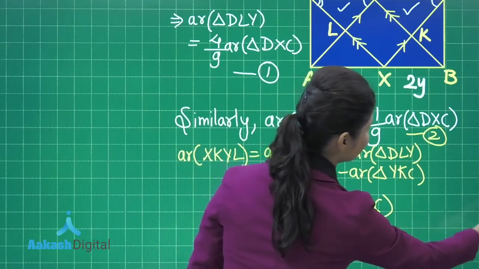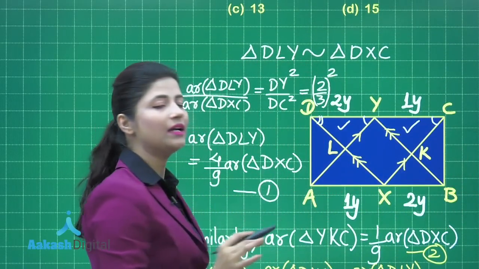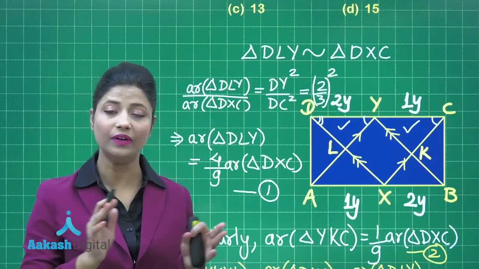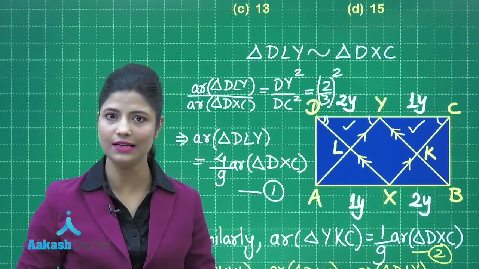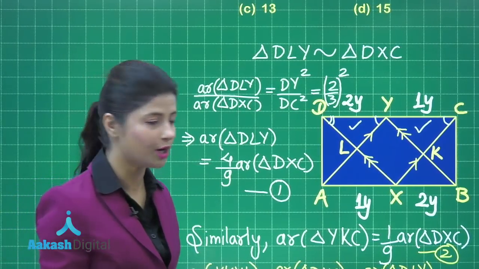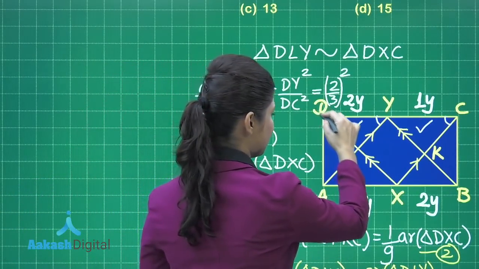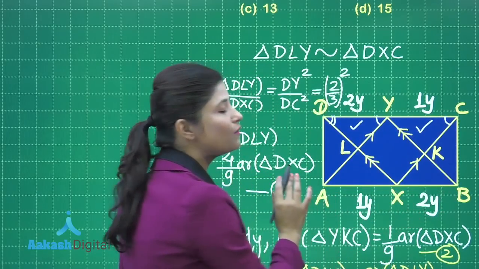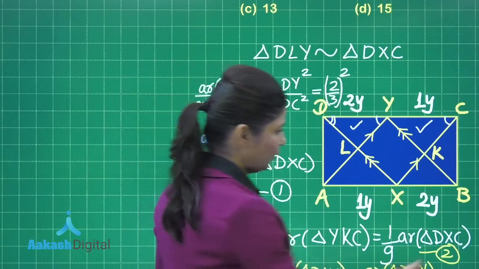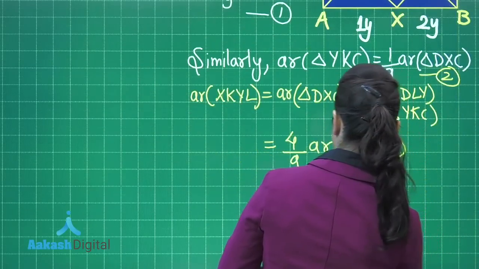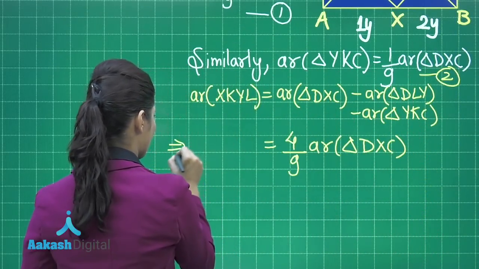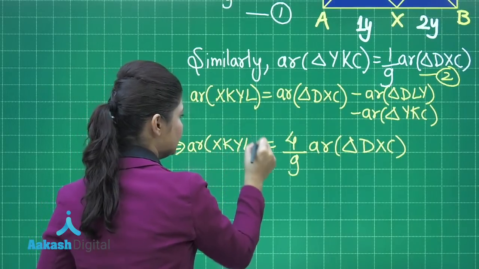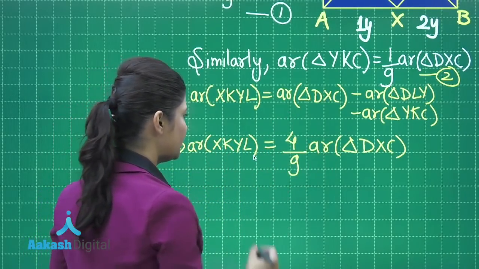And when you observe this diagram, here we know that when a triangle and a parallelogram are drawn on the same base between the same set of parallels, then the area of the triangle is half of the area of the parallelogram. So taking that into consideration, I can say that area of this triangle DXC will be half of area of ABCD. So using that, here we were talking about area of XKYL. This is 4 upon 9 times area of DXC.